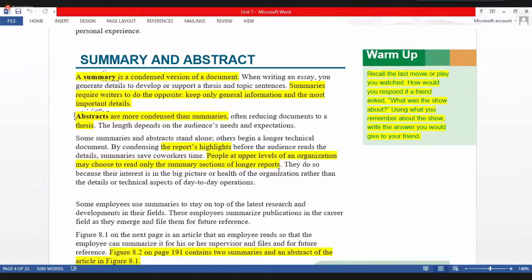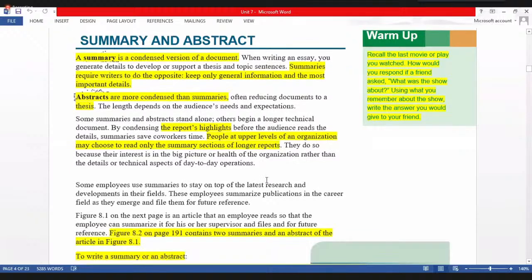And from the summary, the reader gets the general information and most important details. Even on the basis of the summary, that reader can make a decision in favor of the organization, isn't it? So that's why people at the upper level of an organization may choose to read only the summary section in place of going through the long report.